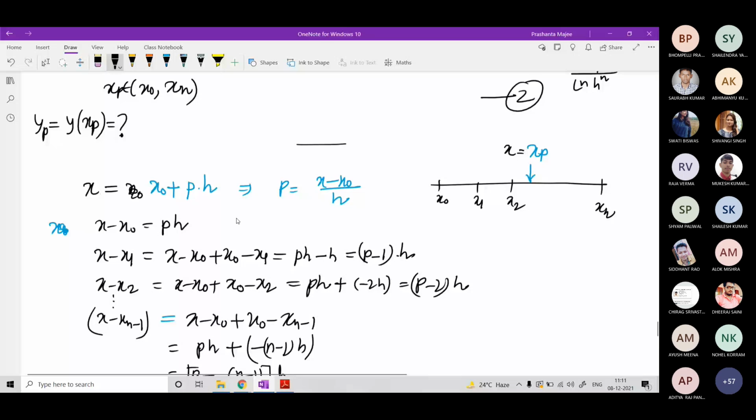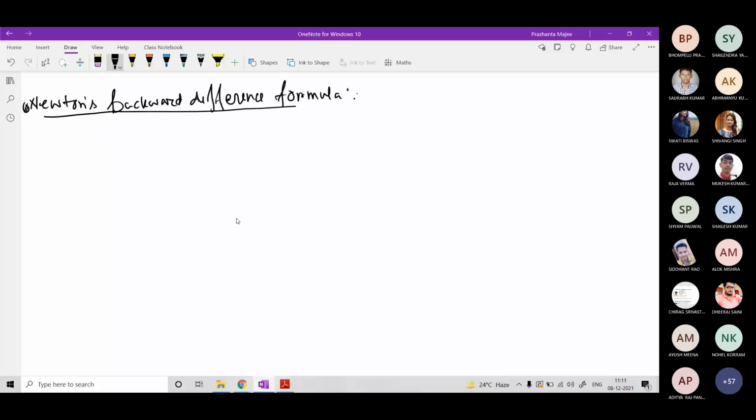So again n plus 1 data points are there. These data points are (x0, y0), (x1, y1) up to (xn, yn). You have to find a polynomial passing through these data points of degree at most n. So let the polynomial be a0 plus, instead of x minus x0, here I will consider x minus xn in backward difference, into a1, plus a2 into (x minus xn) into (x minus xn minus 1), and in this manner I will consider up to an.